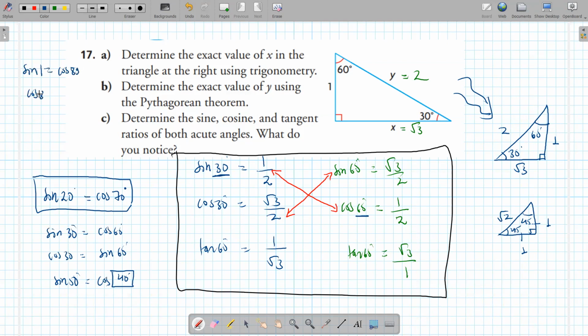Similarly, cosine 89 would be sine 1. These two are related, sine and cosine. What's sine of 70 in terms of cosine? What's the complement of 70? We just do 90 minus.